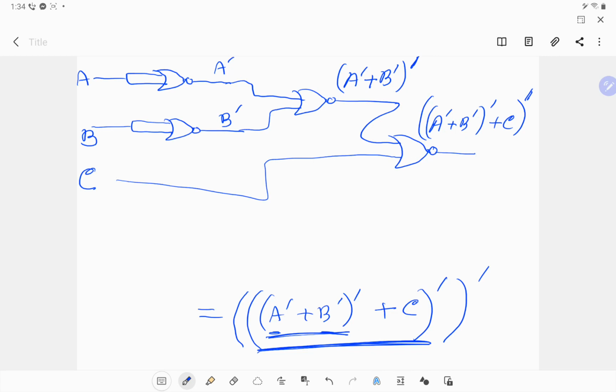This is something that we got here, but there is another complement here, another prime. So we actually need an inverter. So this is the final function. That's how we can implement any function by using only NOR gates.